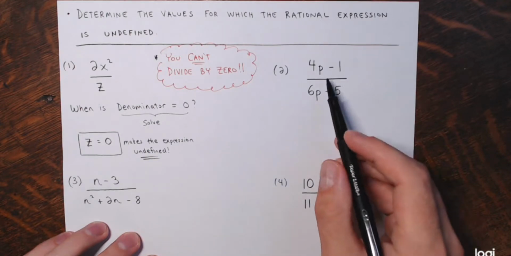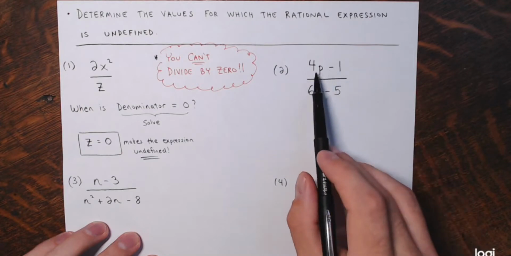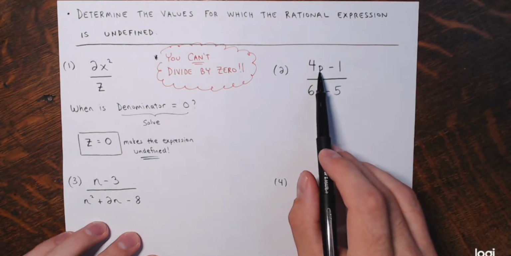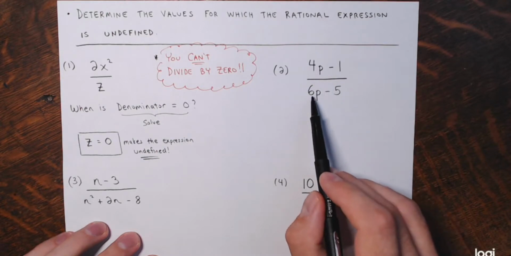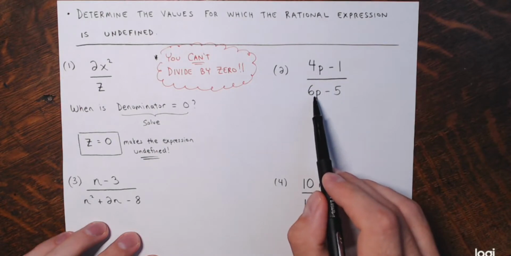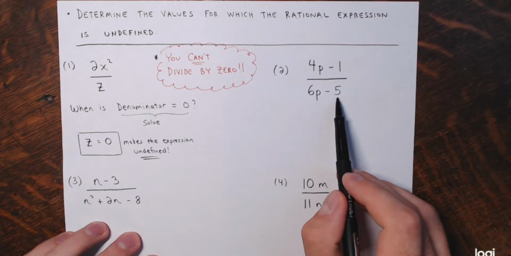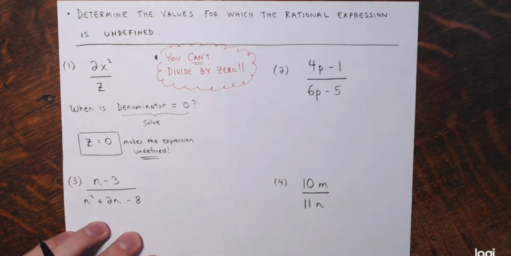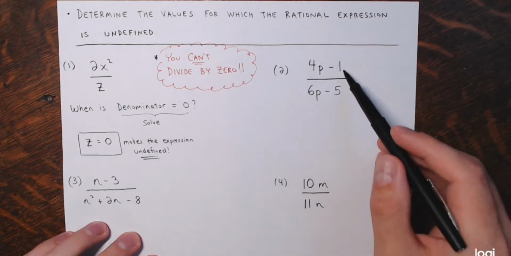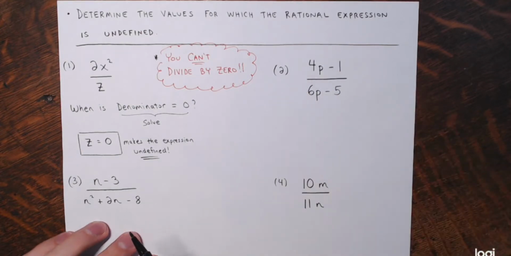All right, so the next expression, the numerator is 4p minus 1 divided by, and then the denominator is 6p minus 5. So again, I could replace p with almost anything I want, and this fraction would represent some number, some defined value.